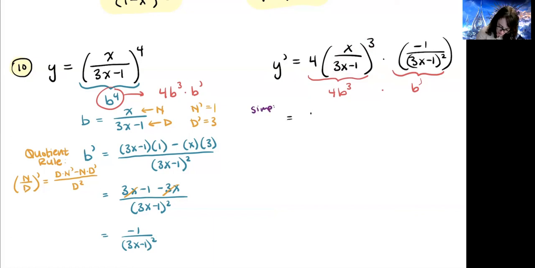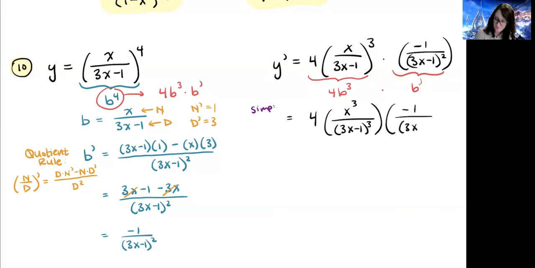So what I mean by that is we can write this as x to the third over 3x minus 1 to the third, and that's times negative 1 over 3x minus 1 to the second. Now we have basically 3 fractions multiplied. 4 is really 4 over 1. And when we're multiplying fractions, we can just multiply across the numerators and multiply across the denominators.